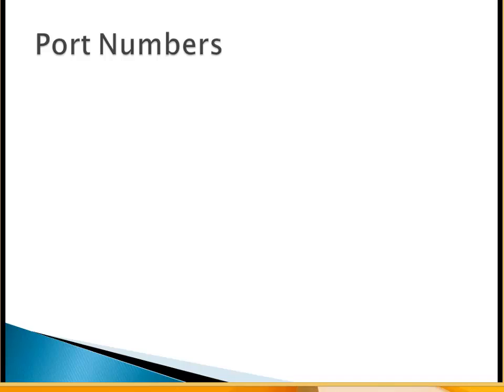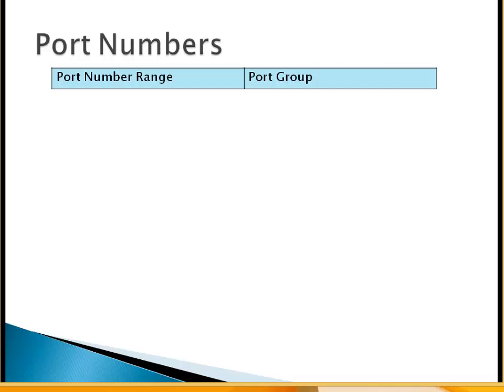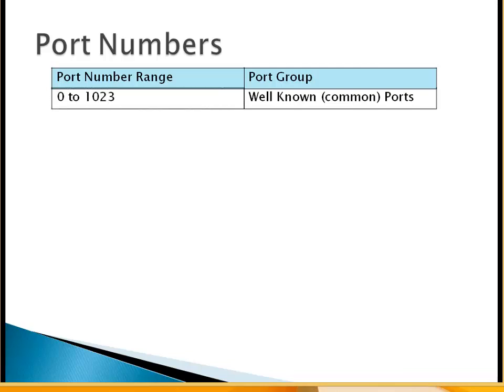Now we talk about port numbers. If you remember, the port numbers are divided into port groups. So we have well-known common ports. Do you remember the ports in the well-known group? We have from 0 to 1023. All those ports are well known. So we have, for example, HTTP, FTP, SMTP, POP3 and so on, with these port numbers.